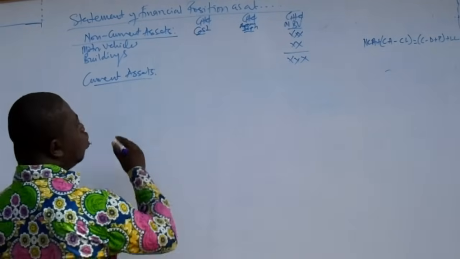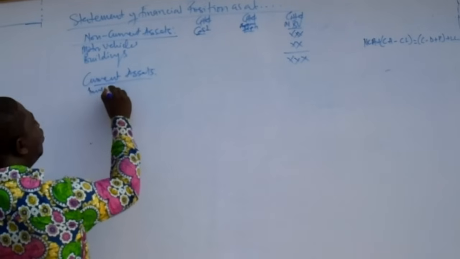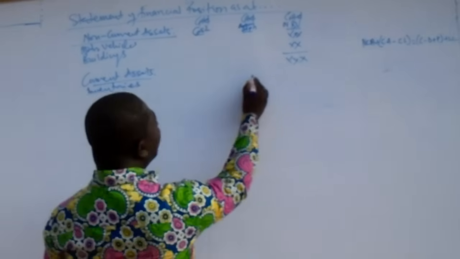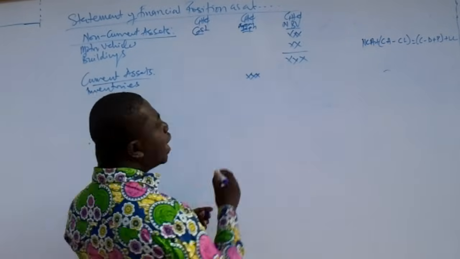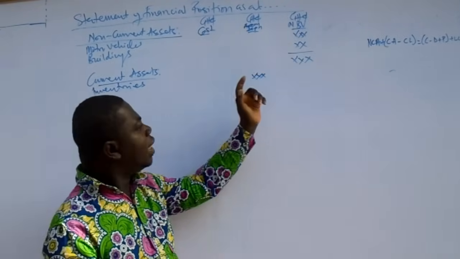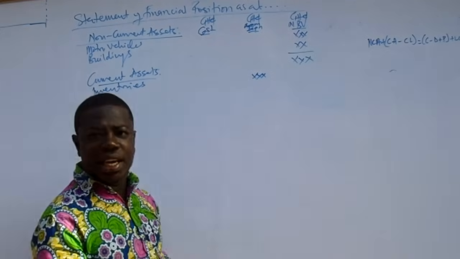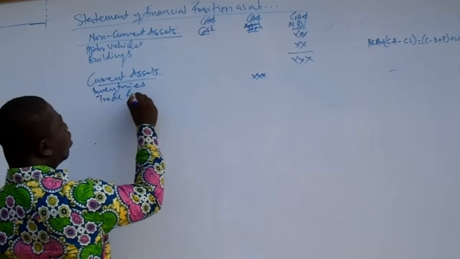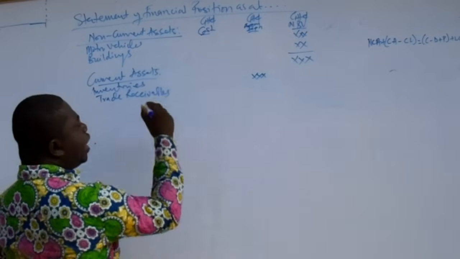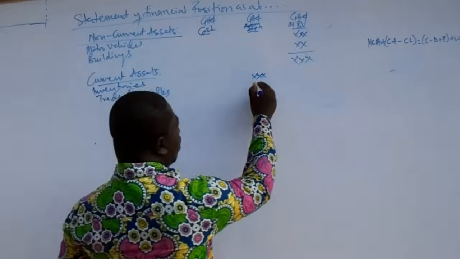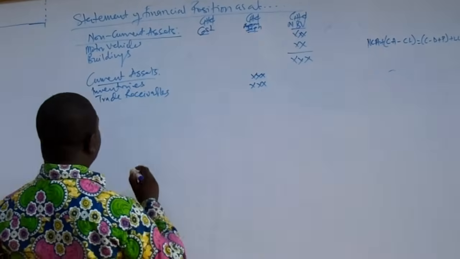All right, so for the current assets, we have our inventories or stock, and that should be recorded on the second currency sign. Did you see that I wrote the current assets on the last currency sign? The non-current should come under the second currency sign. If there are any trade receivables, what we used to call debtors, then that will also come.